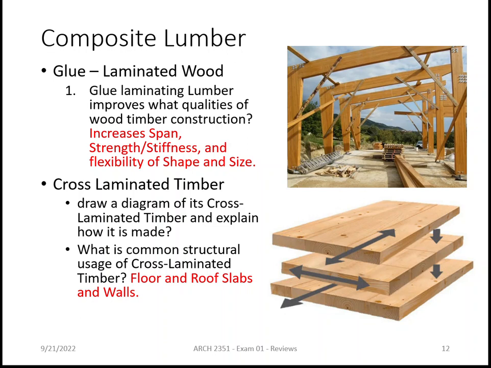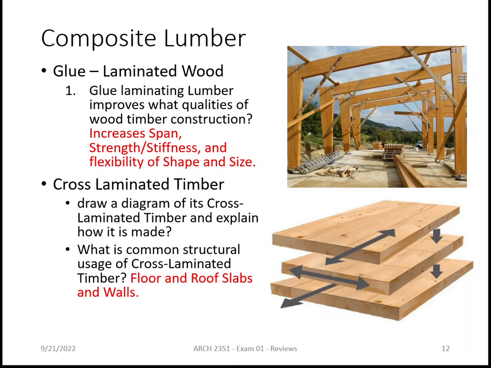So it's like taking 2x4s, creating a plane of 2x4s, and then rotating 90 degrees, creating another plane of 2x4s, rotating it, another plane of 2x4s, and then pressing and gluing all those together. Okay. It's like really thick plywood. Similar processes to plywood.